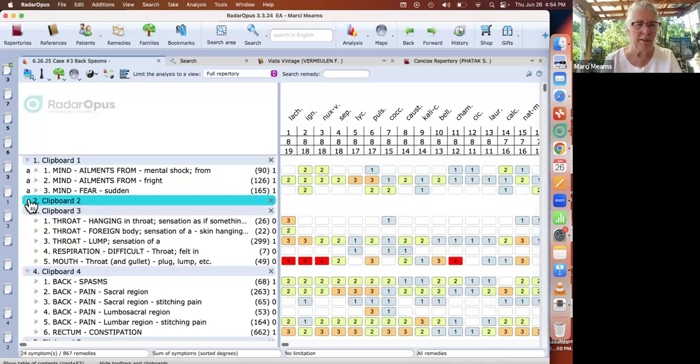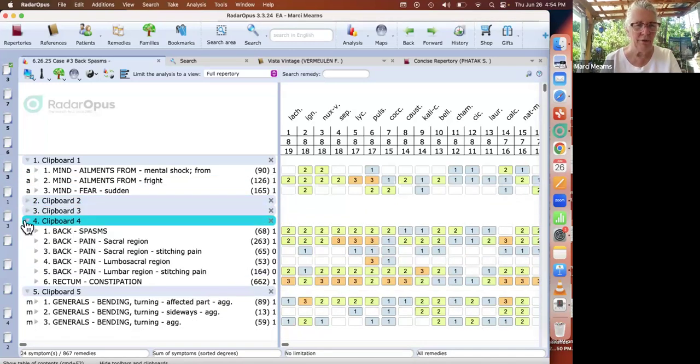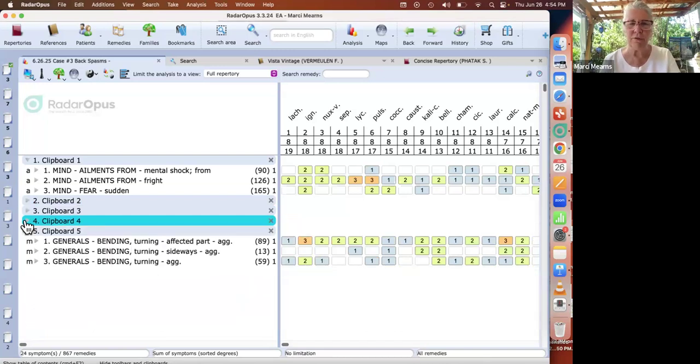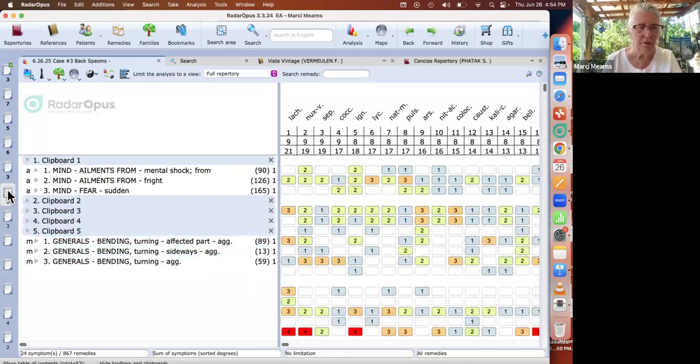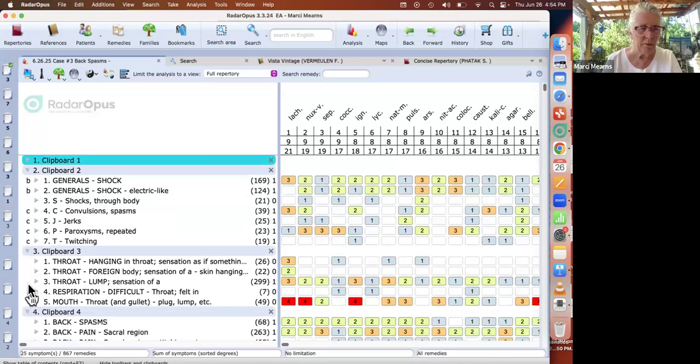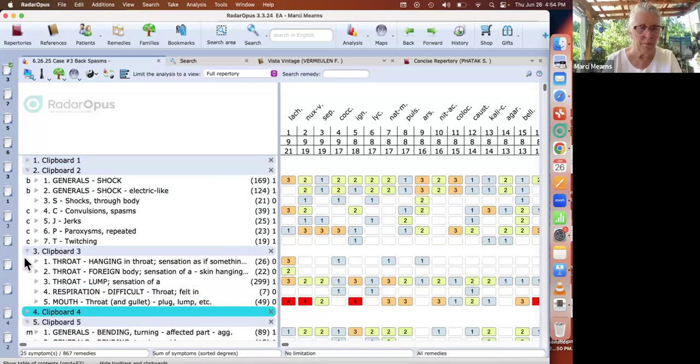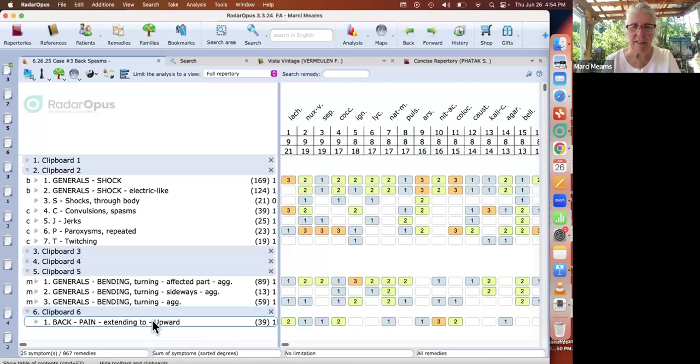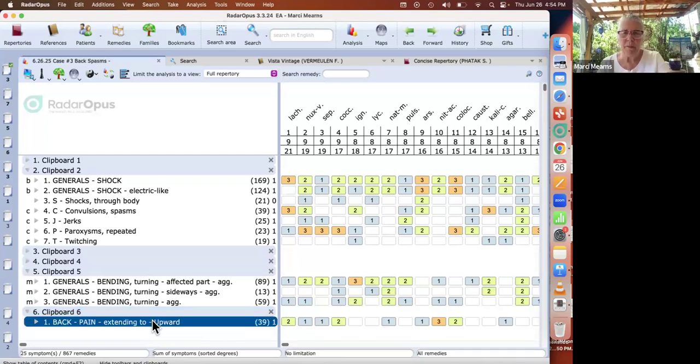Oh, what do we got? Anybody having a thought here? Anybody see anything interesting? Let's go to this one. What is that one? Extending upward. I like that one so much that I'm actually going to use it as an eliminative rubric.